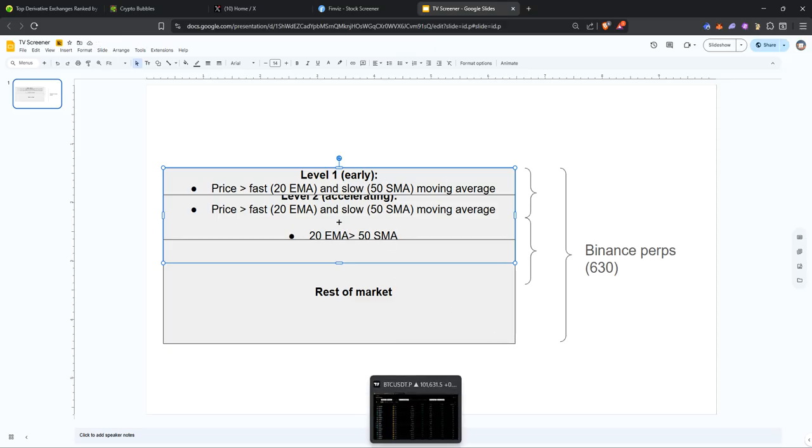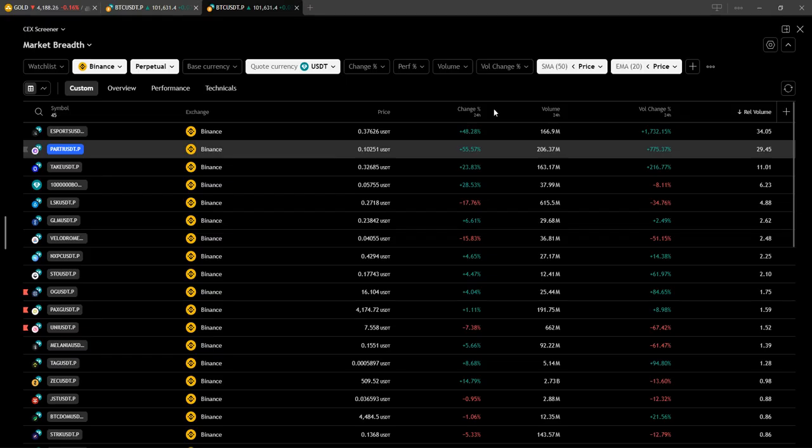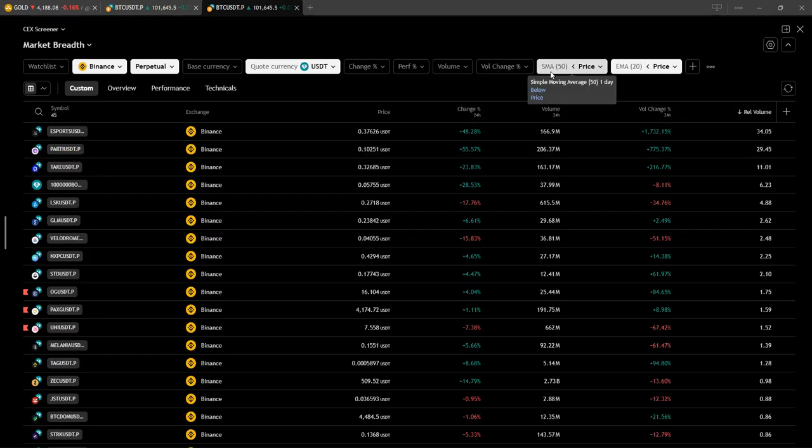So that's the concept. In practice, if you go back to here, this is level one. You add price being above both the quick moving average and slow moving average, and you can see here there's a total of 45 tokens. So again, 45 out of that 630. What's that? Is that 7%?